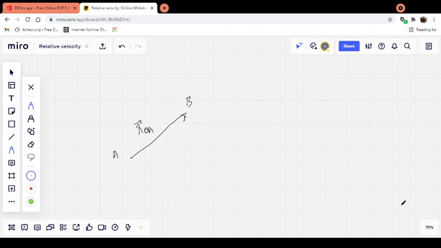In the same way, if I am observing A with respect to B, I would draw this line and this arrow in this direction. That is, B would see A in this particular direction and this particular distance. So you can see these two vectors are opposite to each other. So I would say that RBA vector is minus of RAB vector.